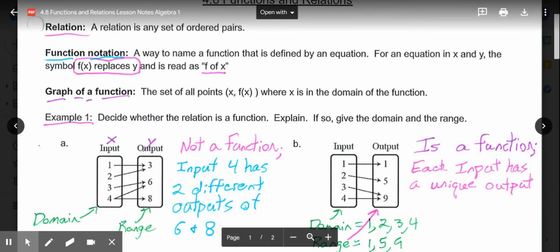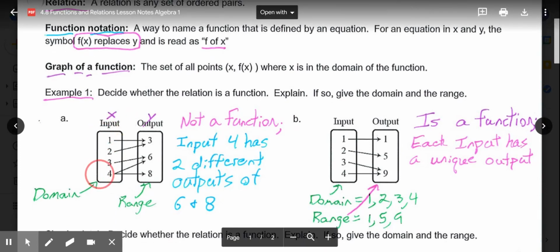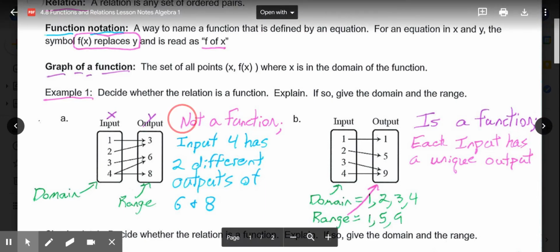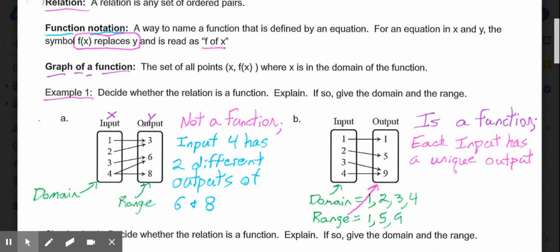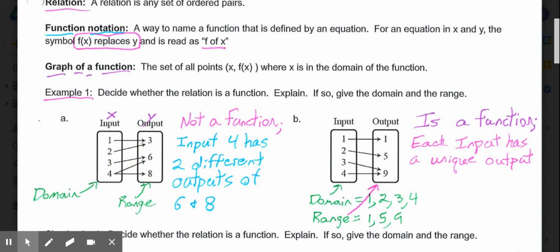So that would be the relation of all the ordered pairs, just written in a chart this way. So in this case, remember, the domain is always the input values. The range is always the output values. But this one here in A is not a function because our input here of 4 has two different outputs of 6 and 8.